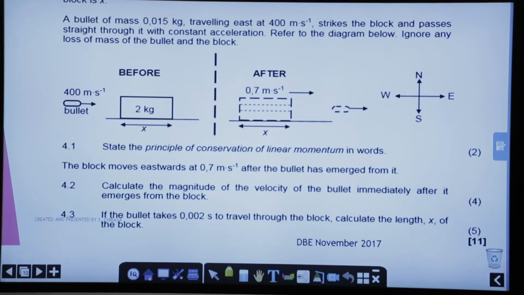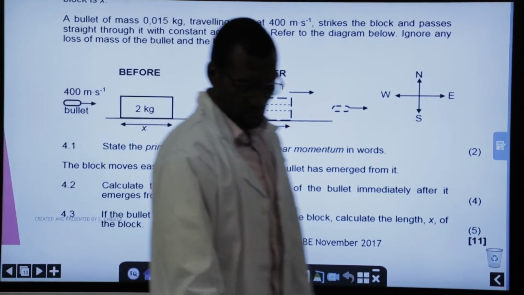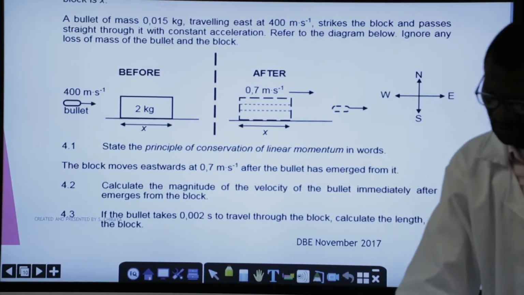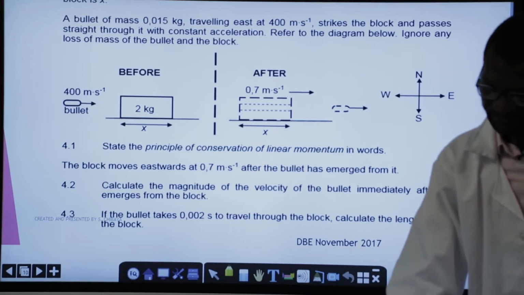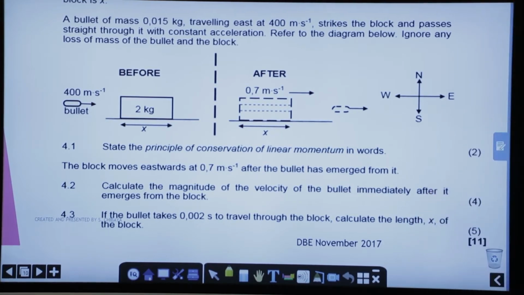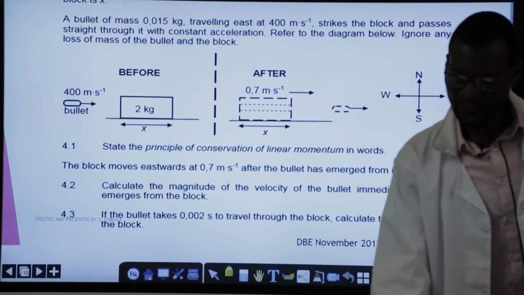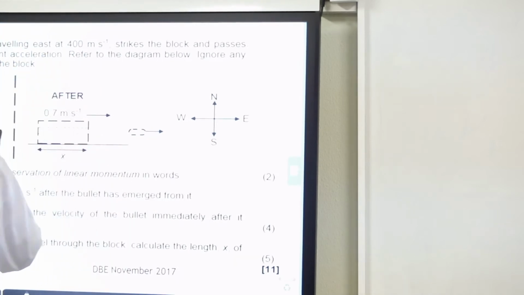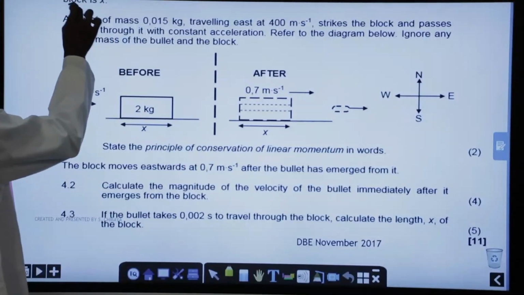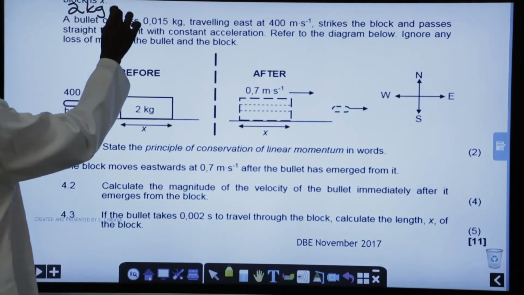There's a part on this question that's not clear, but let me read it off so that you know what's going on. It says a 2 kg block is at rest on a smooth, frictionless, horizontal surface of length x. So we've got a 2 kg block.